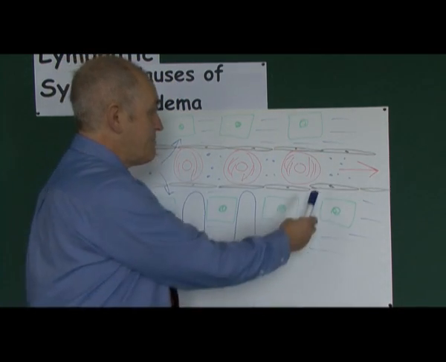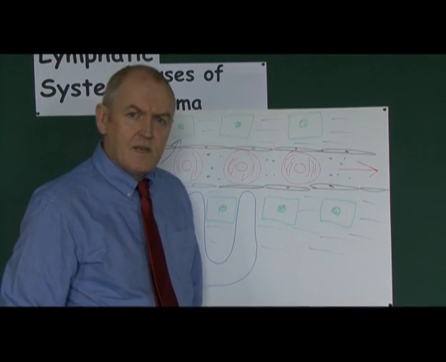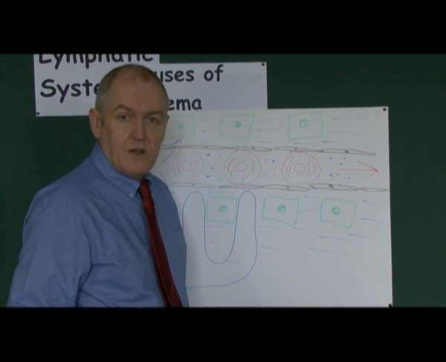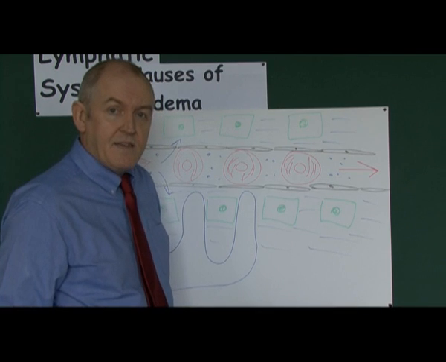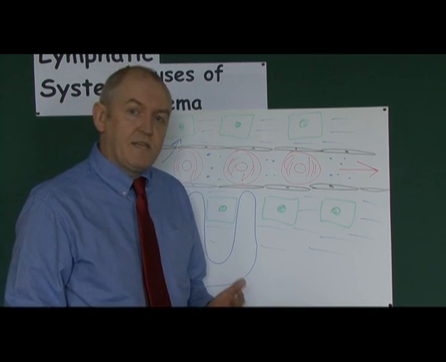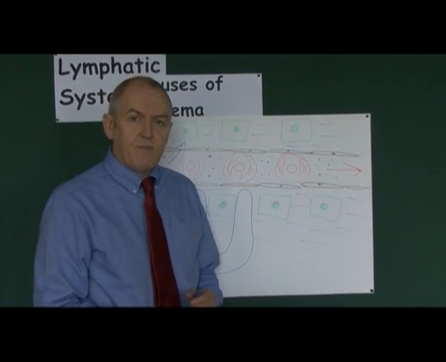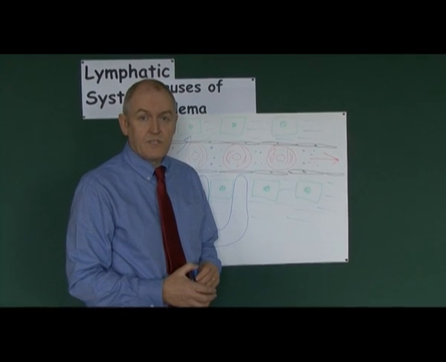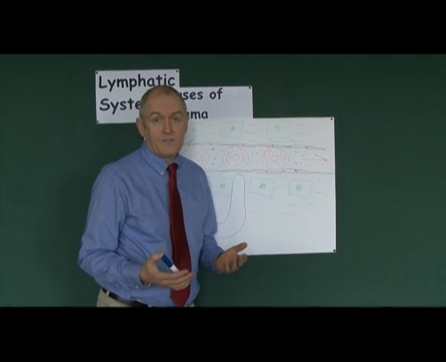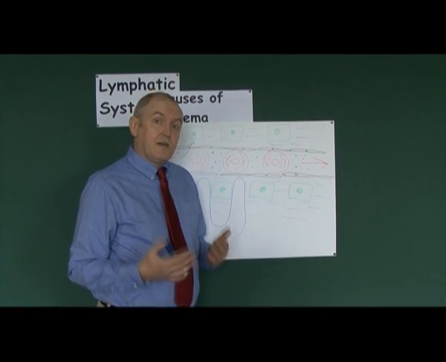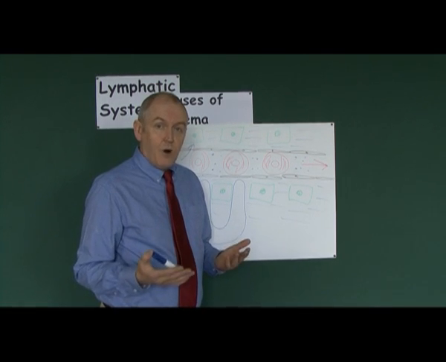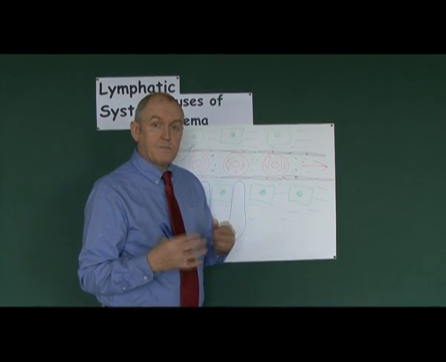So this capillary must drain into a venule. The venules must drain into larger veins. And if the valves in those larger veins have been damaged, for example, if the patient suffered a deep venous thrombosis in the past, the valves in the veins might be damaged. The veins will then be incompetent because the valves are incompetent.